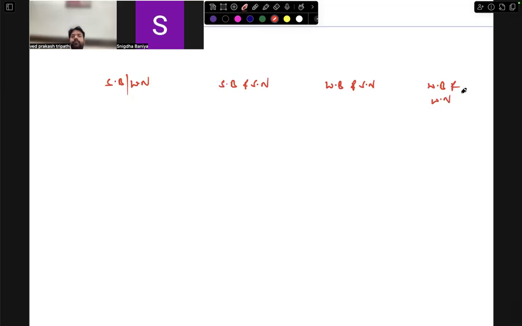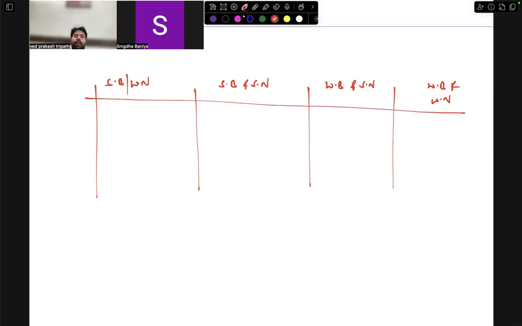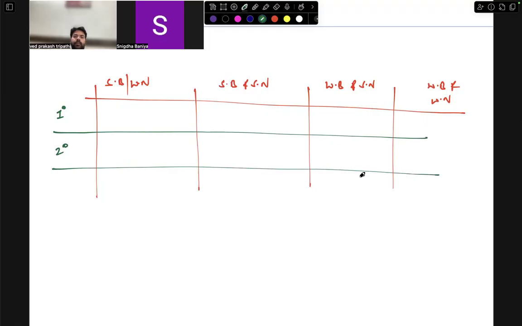Clear? And here I am going to write down the substrate like 1 degree, 2 degree, and this is 3 degree. Clear?